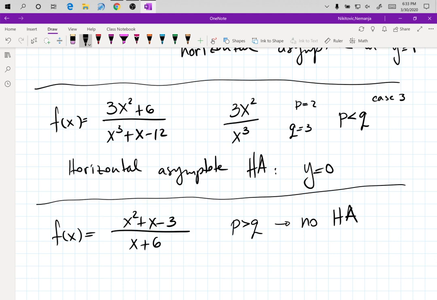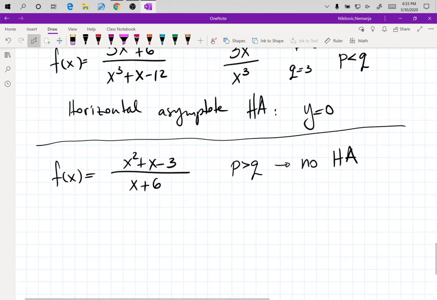So anytime you have a higher degree in the numerator, there is no asymptote. If degrees are the same, you divide front coefficients. And if the higher exponent is in the denominator, you immediately assign a horizontal asymptote of 0. More about this in Calc 1 when you introduce limits and start calculating stuff.